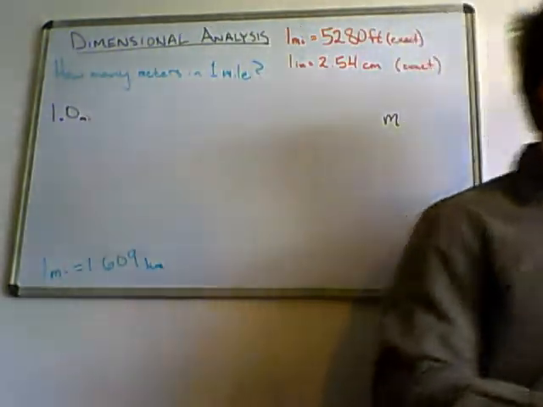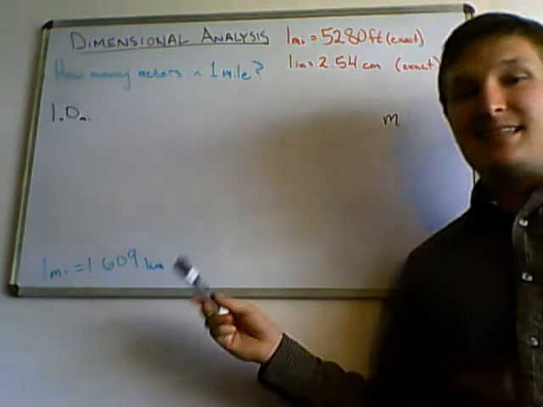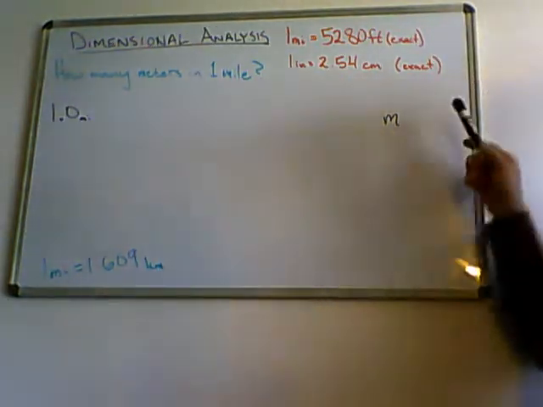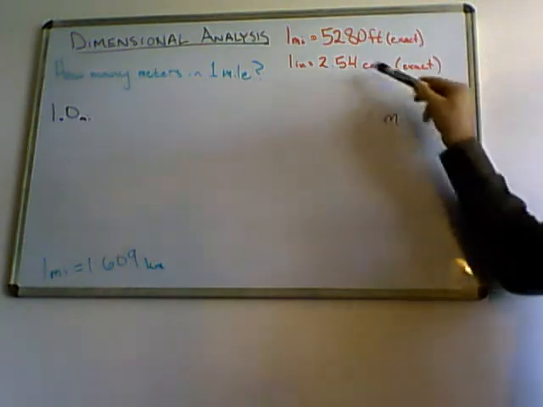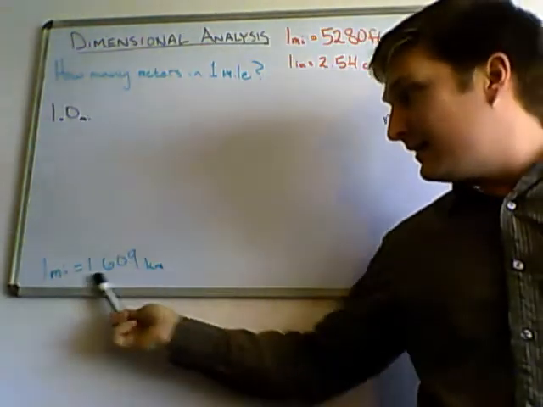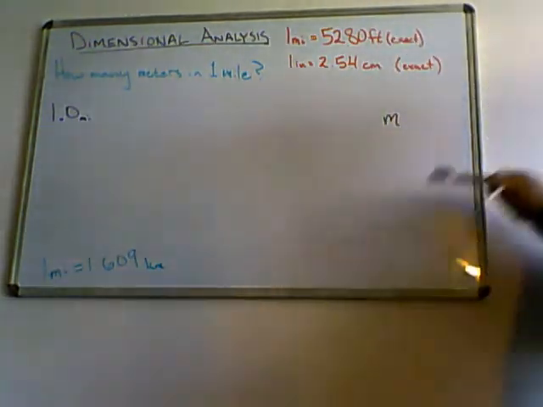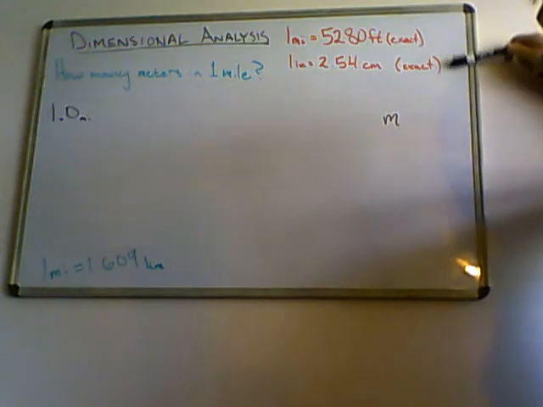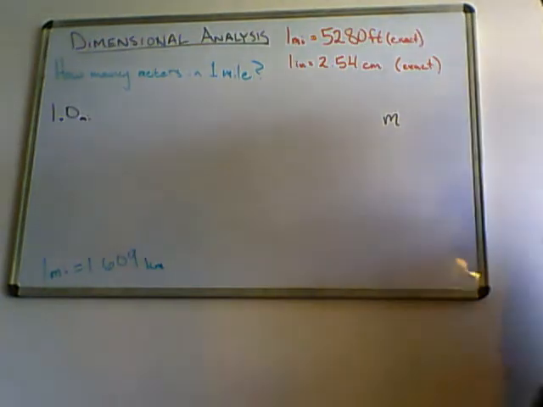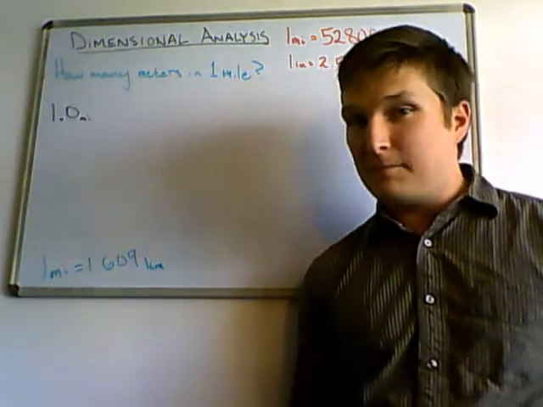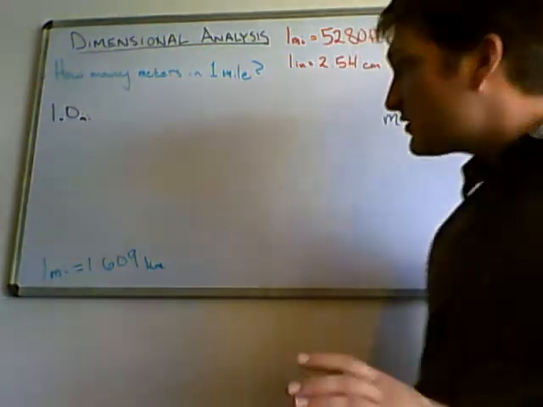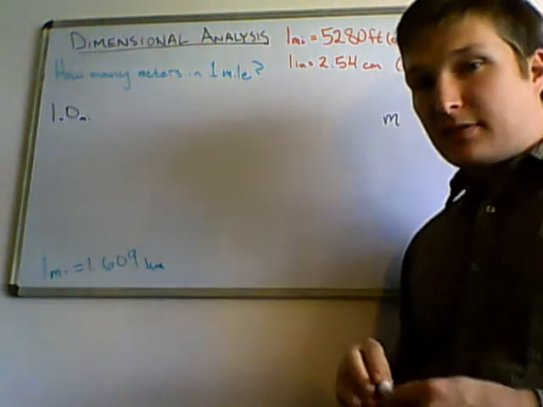Well, that is not an exact measurement. Just like having 5 fingers in a hand, this is exact, but this is not. And unless something says explicitly in the chart that you're looking at that it's exact, then don't think of it as exact, because then your answer won't come out right. So let's go ahead and continue on with this.